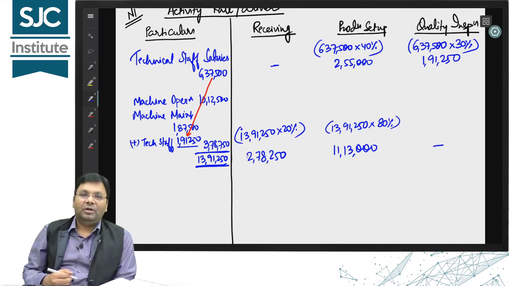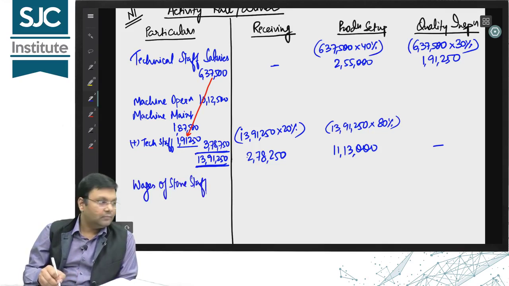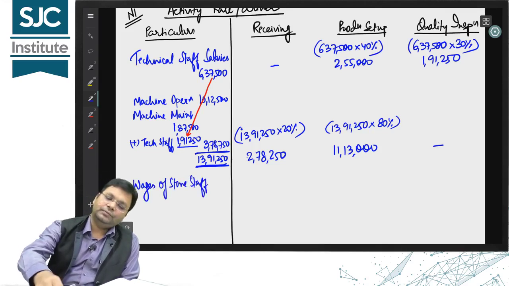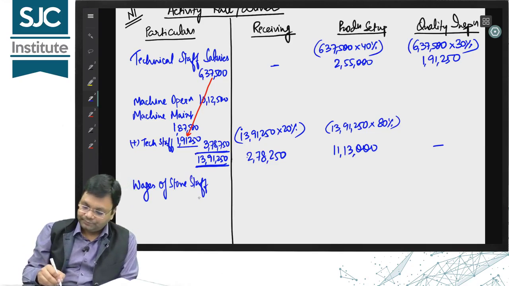Should it go into all 3? Or should it go only in one activity? If nothing is mentioned, it is by reason. Reason is you got to think. Wages of store staff. What do you say? Where it should go? 262,500.